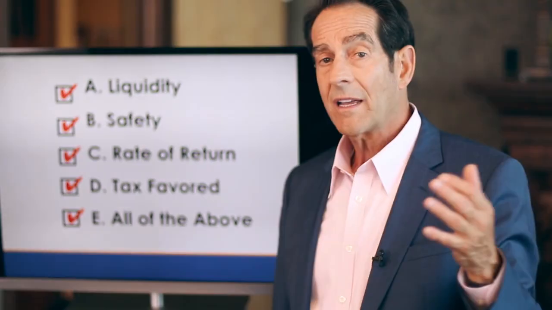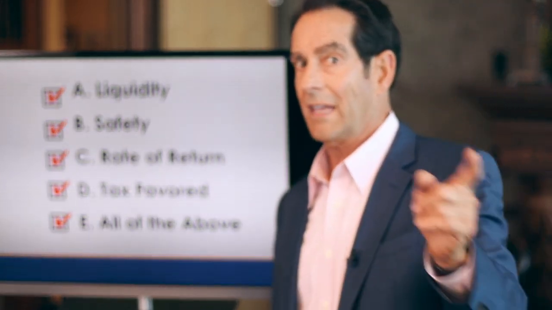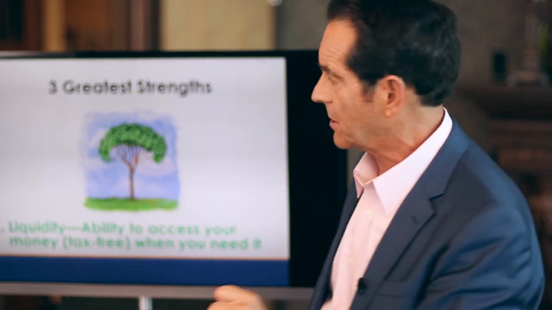So you're going to learn here next that a properly structured, maximum funded indexed universal life insurance policy is my favorite vehicle by far over just fixed products or the volatile variable products, because I want to pass the laser test, and I'm going to show you a system to do that in future episodes.